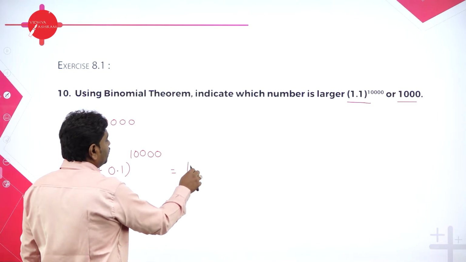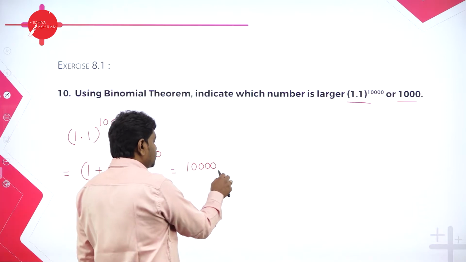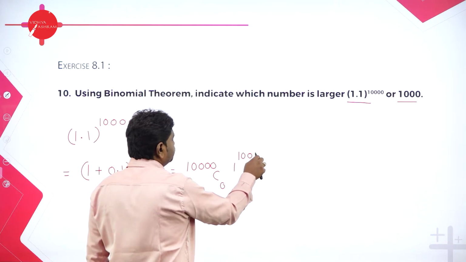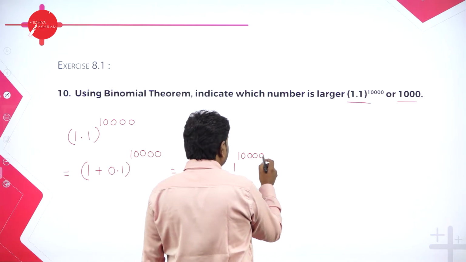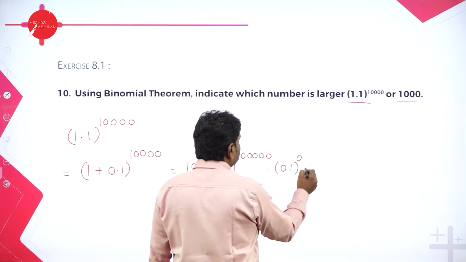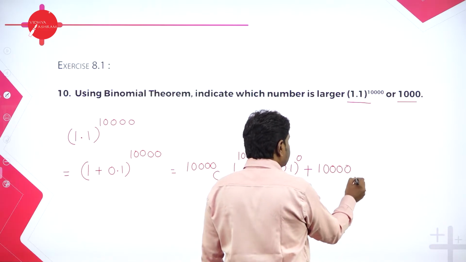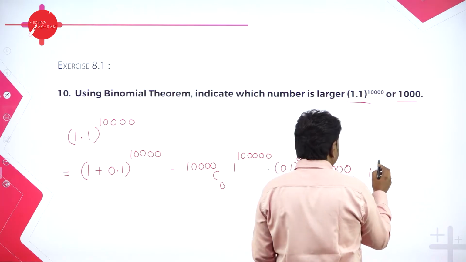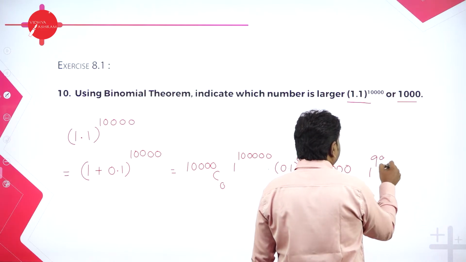If we expand using binomial theorem, it is 10,000 C0 1 power 10,000 into 0.1 power 0 plus 10,000 C1 and 1 power one less than this, that is 9,999.